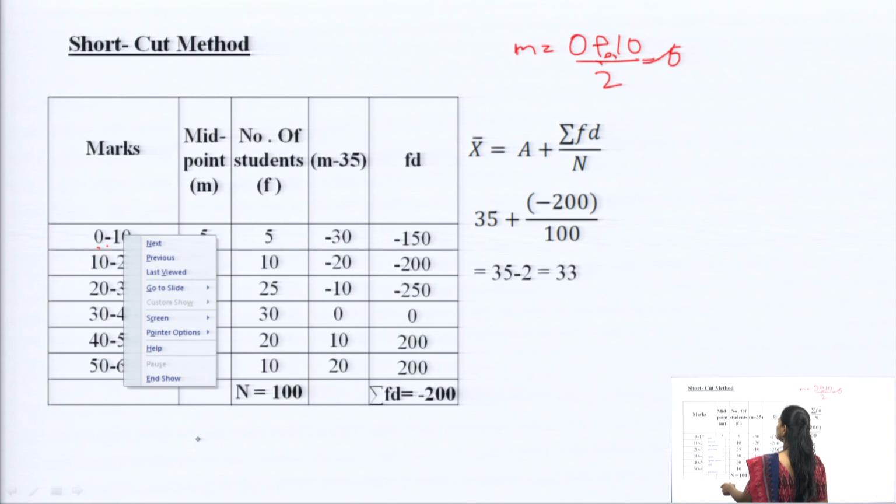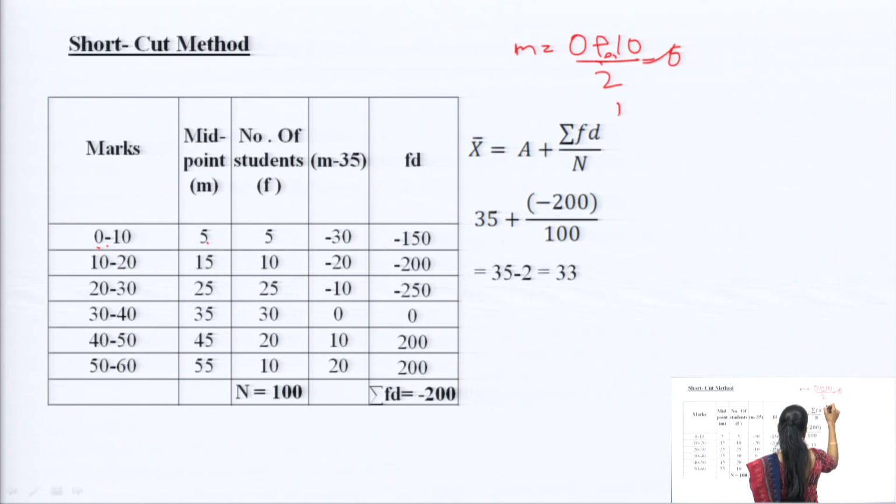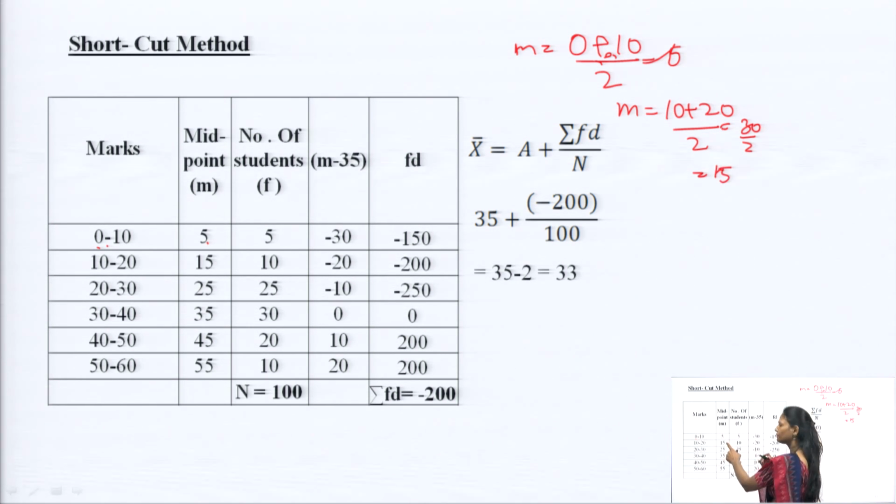In the same manner, for the second one, m is equal to 10 plus 20 divided by 2, which is 30 divided by 2, which is equal to 15. So we have calculated the second midpoint, 15. In the same manner, we will find the other midpoints as well: 25, 35, 45, 55. Lower class limit plus upper class limit divided by 2 gives you the midpoint.